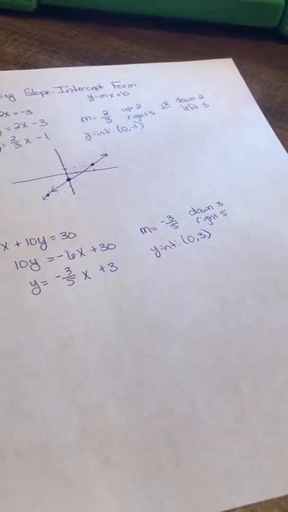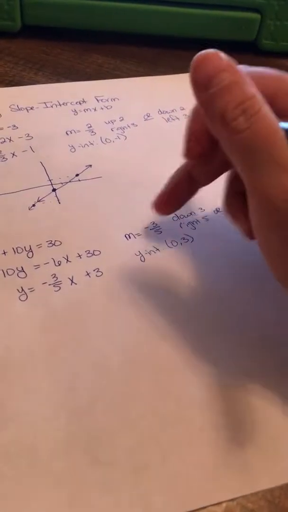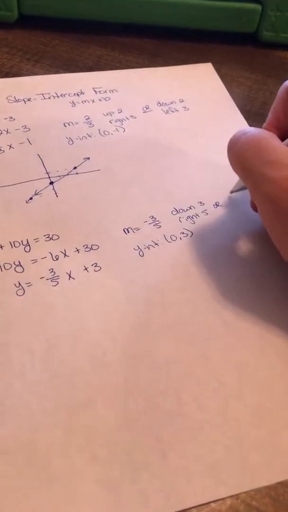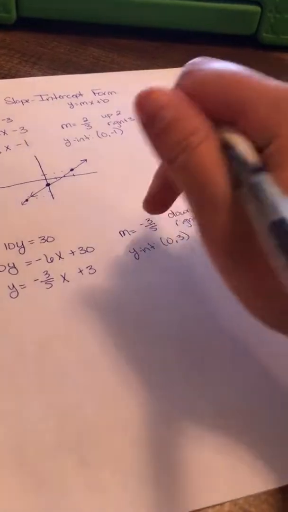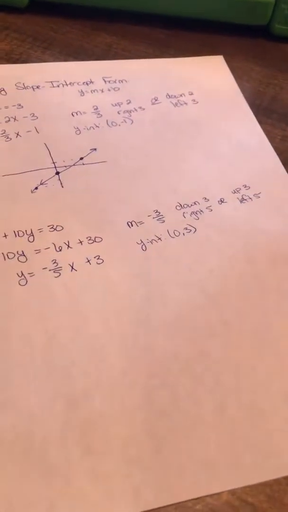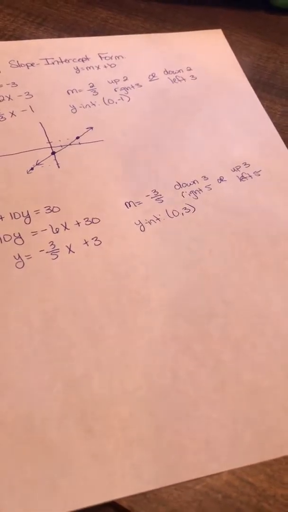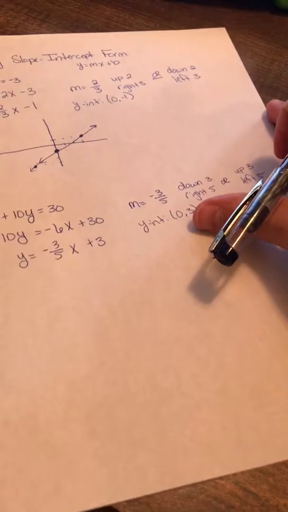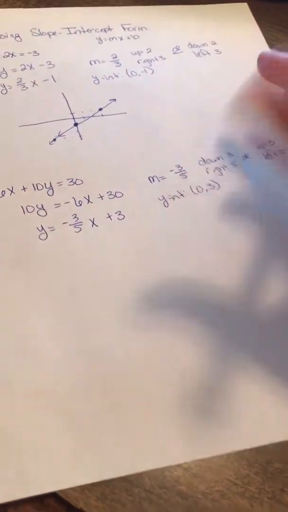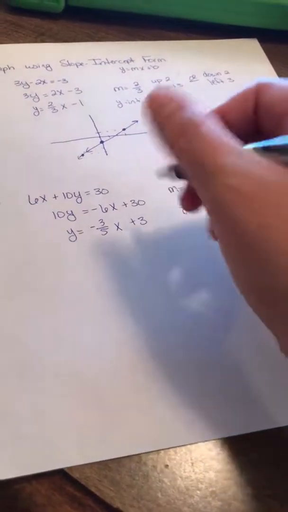You can go down and to the right, which is what generally everybody does, or if you really wanted, you could make the 3 positive and go up 3. Then you'd have negative 5, so you'd have to go left 5. Either way, most people would do the down 3 and right 5.